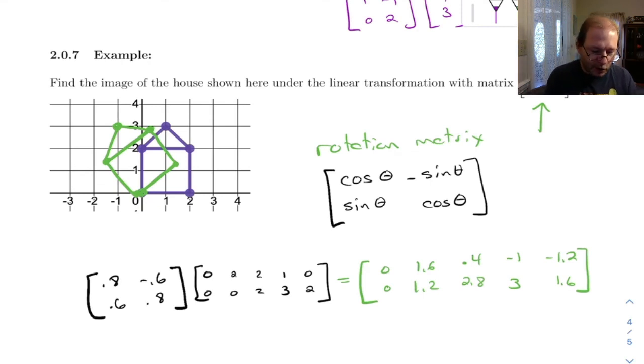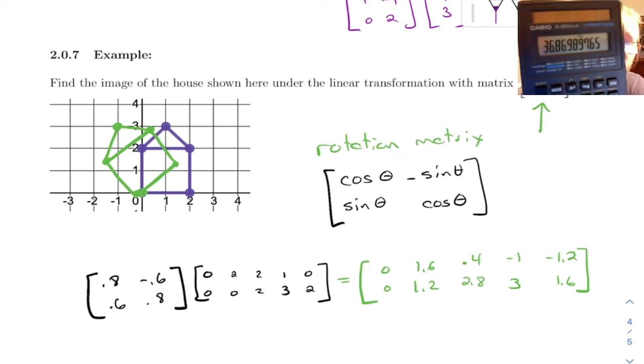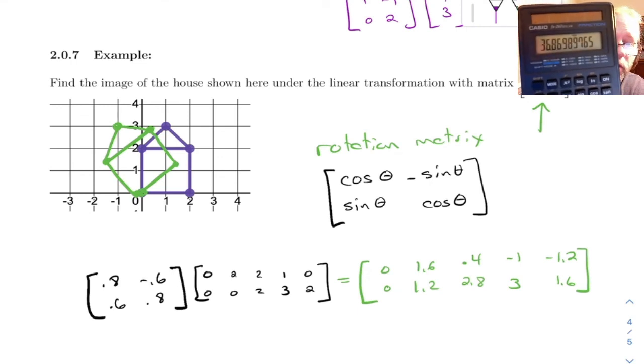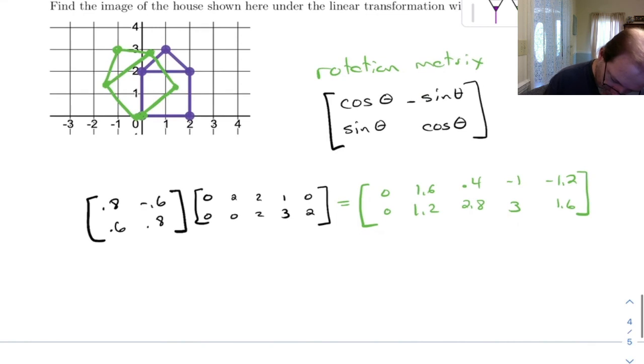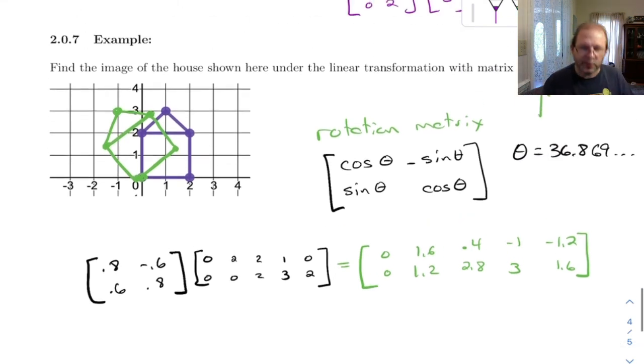If I take the arc cosine of 0.8, it gives me this value here. So that's the angle that we rotated this thing by, 36.869 degrees, and so on. I picked it because 0.6 and 0.8 are nice numbers.